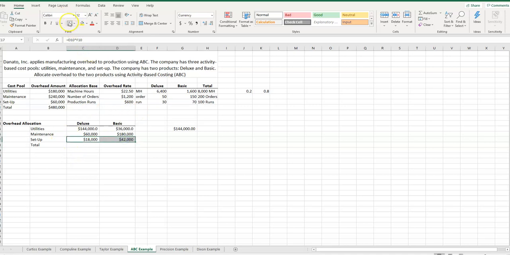If we add those up, we get our total overhead allocations per model. We've allocated $222,000 in costs to the deluxe model and $258,000 in costs to the basic model.